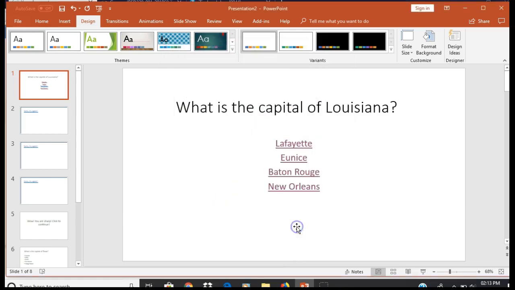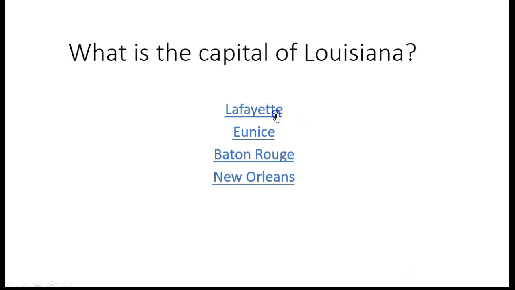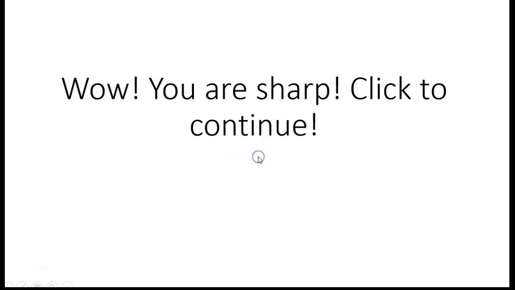In this case, this is what happens. You click on Lafayette, you go back, try again, Lafayette remains unchanged. Eunice, try again, but on Baton Rouge you're sharp, and you make a link to another question.